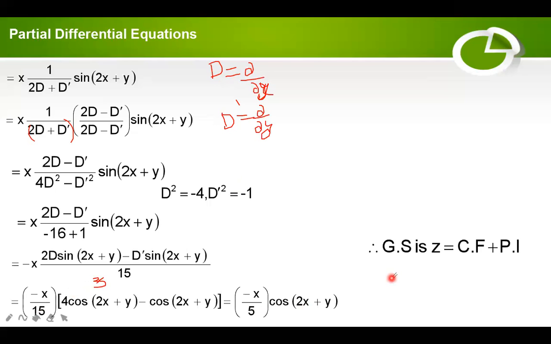Therefore the general solution is y equals CF plus PI. Write down the CF value and PI value.